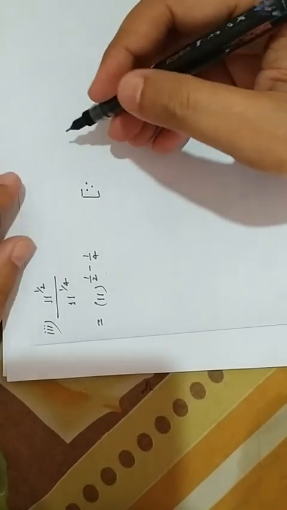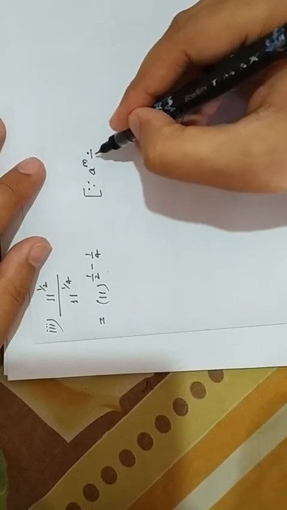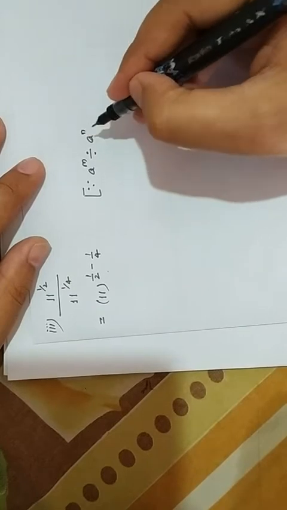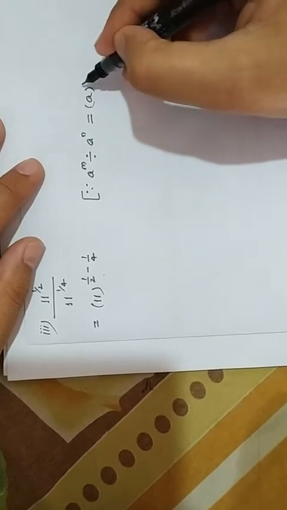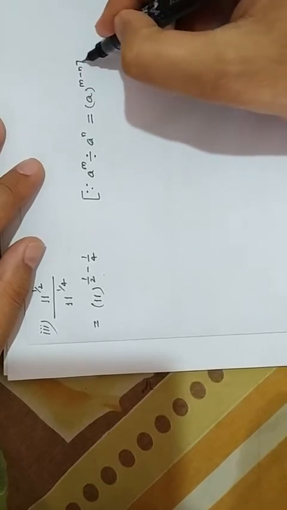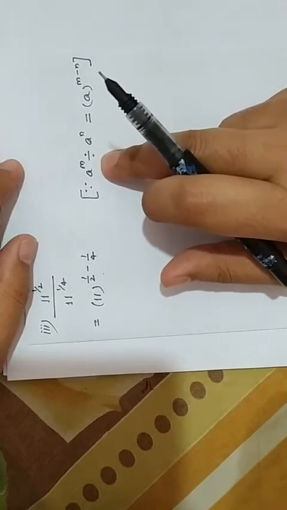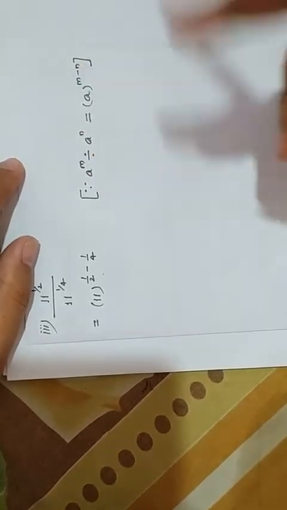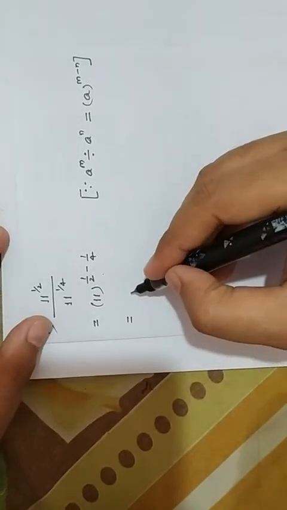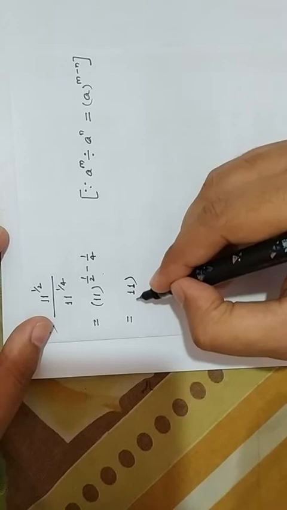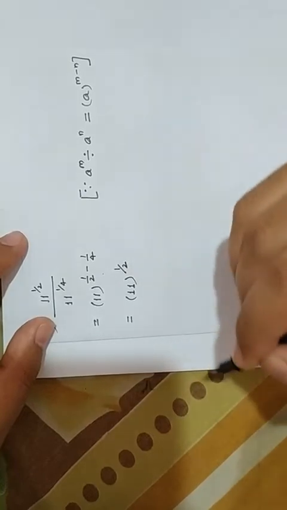Show the law also here: since a to the power m divided by a to the power n, it will come a to the power m minus n. Bases are the same and there is a relation of division between them, so we will subtract the powers. So simply we have done like this here also. And now 11 and 1 by 2 minus 1 by 4, so 1 by 2 will remain.